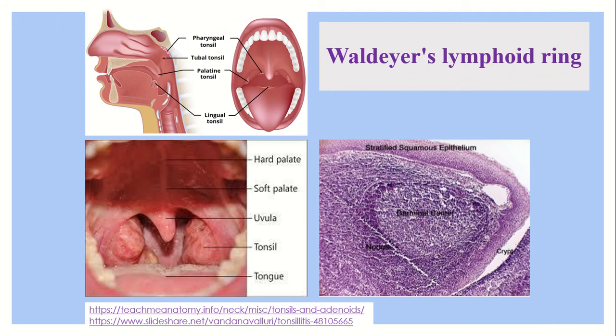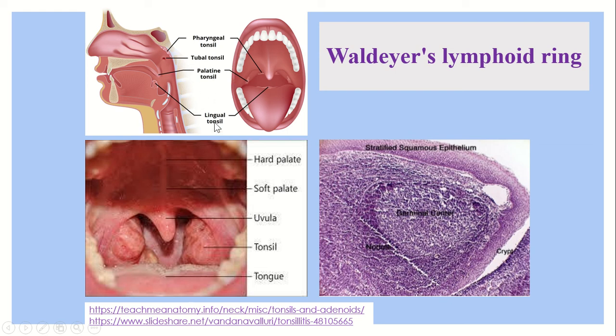First, we'll start with the diseases of the tonsils, because by location they belong to the digestive tract organs, by topography, but by function, they belong to the immune system. The elements of the lymphoid tissue are accumulated in the initial part of the digestive and the respiratory tract, such as the palatine tonsils.